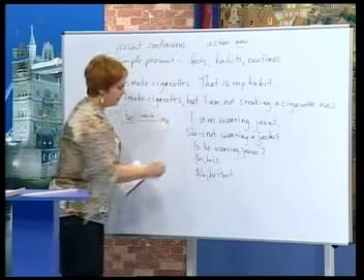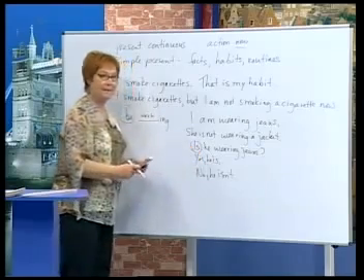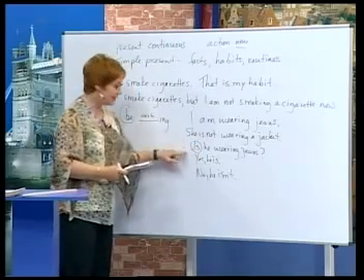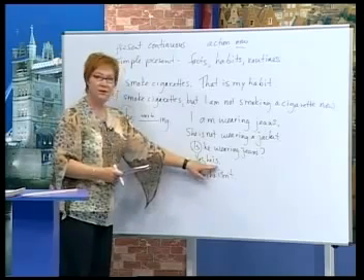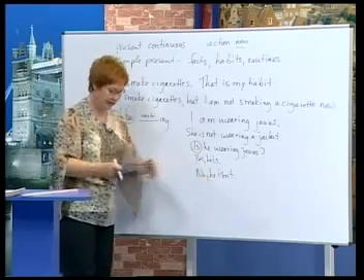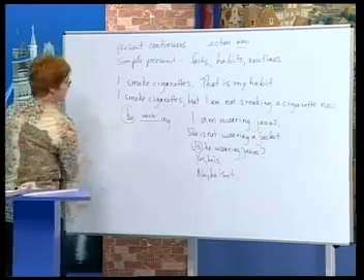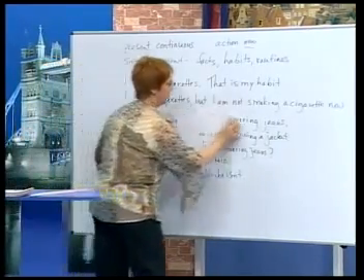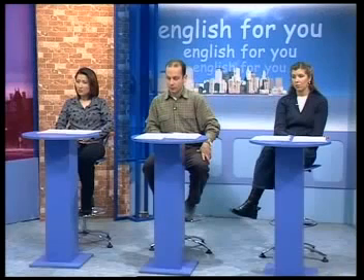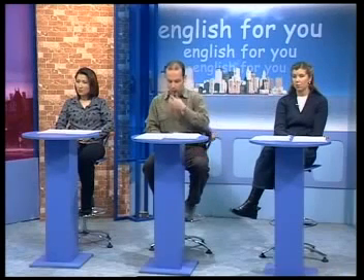Now remember, if the question begins with a be verb, it's a yes-no question, and you answer with the right be verb. Okay? Now, we can also ask information questions. Here's some information questions.